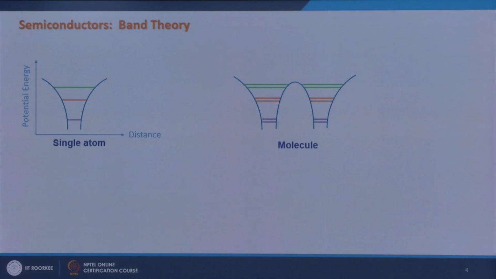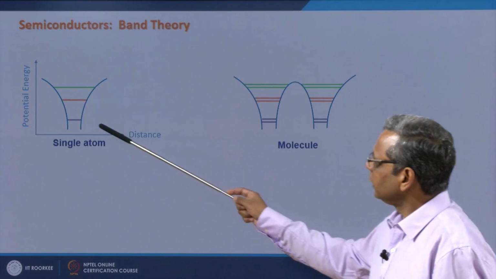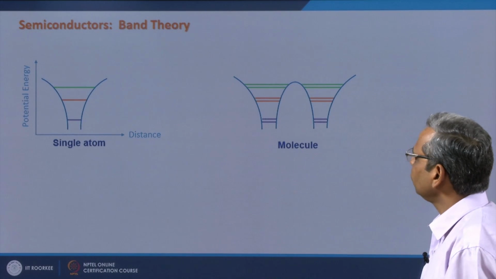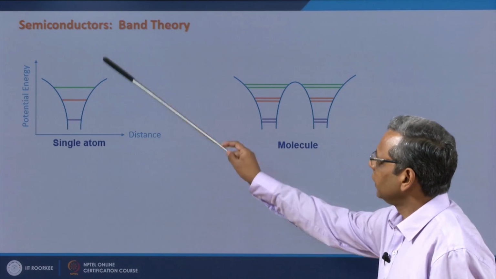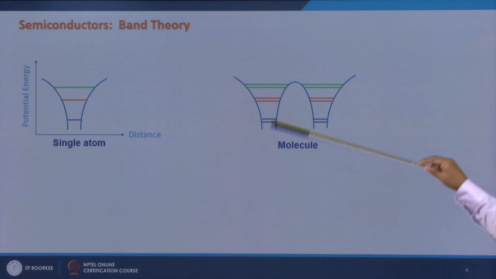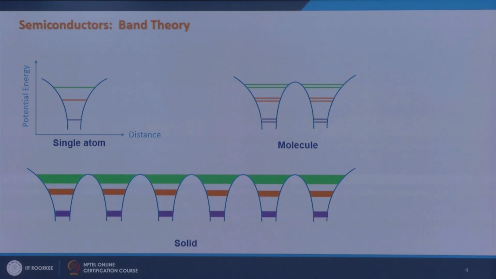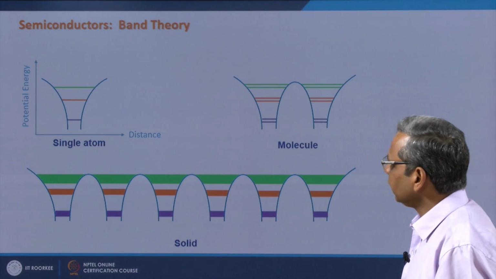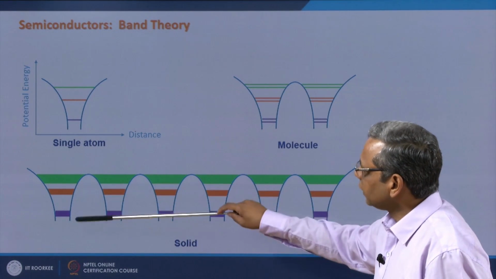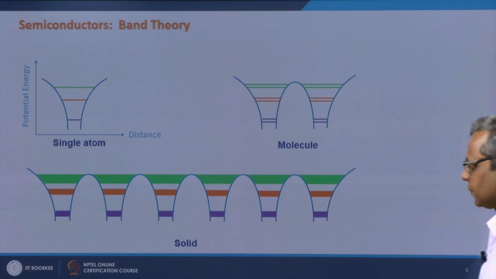As a consequence, this energy level gets split into two and this also. So, these energy levels get split. If I bring more and more atoms, then there would be more and more splitting and these energy levels are then transformed into bands. These are known as energy bands.